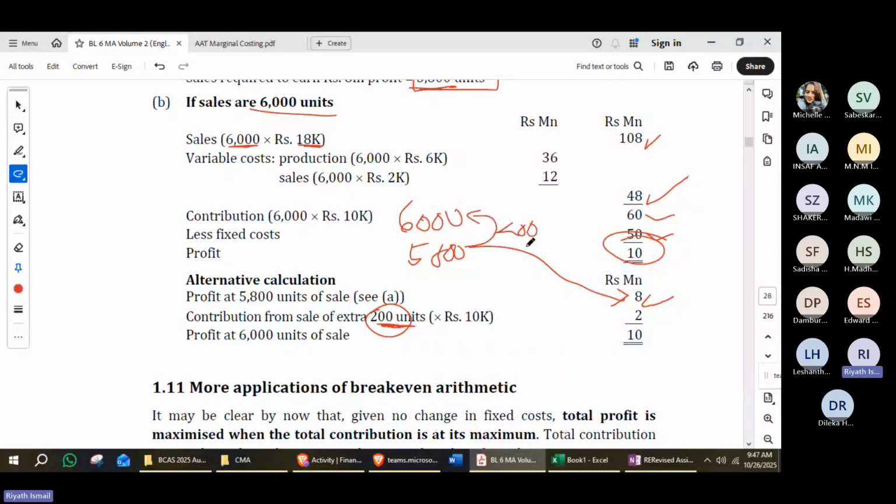We already know contribution per unit was 10,000, so 200 units gives 2,000 extra, and profit at 6,000 units could be 10 million. So this is another way.